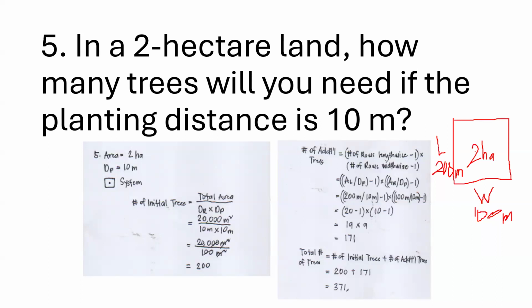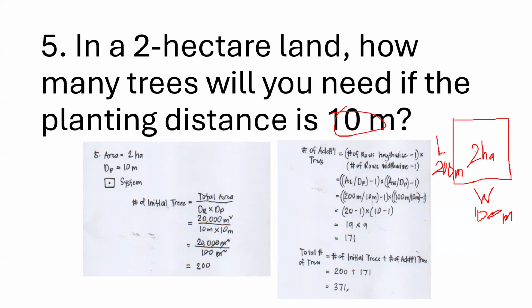So, para makuha natin yung number of rows lengthwise, i-divide natin yung length ng ating area to the distance of planting. Ano yung length ng area natin? Our length is 200 meters. Divide natin sa planting distance, which is 10 meters. So 200 meters divided by 10 meters.